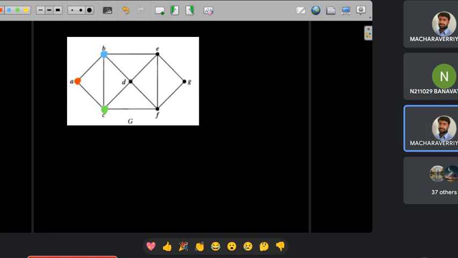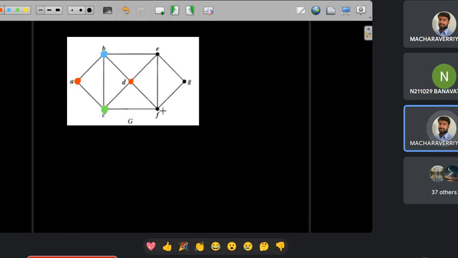Suppose I assign red color here, does it work? To E I am assigning red color. In that case, I cannot use green or blue here, because green is here and blue is here, so I must assign red color to D.